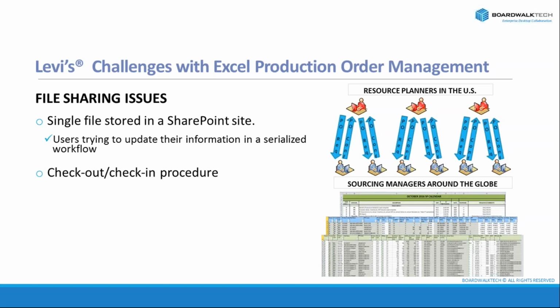Well, this concept was great, but soon they realized that this process did not work. So why? Failing to check out could mean that all of someone's work will be overlaid by the next person who did remember to check the file out.